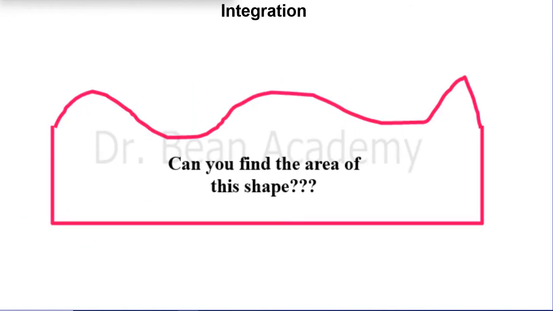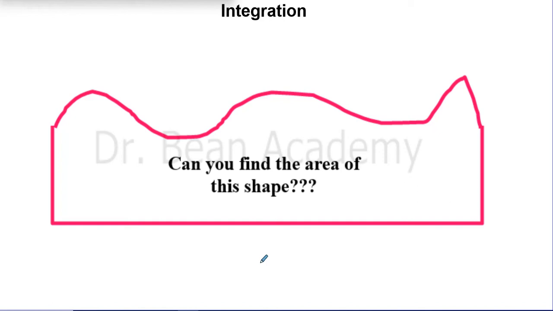Now my next question is, can you find the area of this shape? You know, this is an irregular shape, and it's not easy to find the area of this shape, right? You must be having some difficulty. So let's try to build up some knowledge.